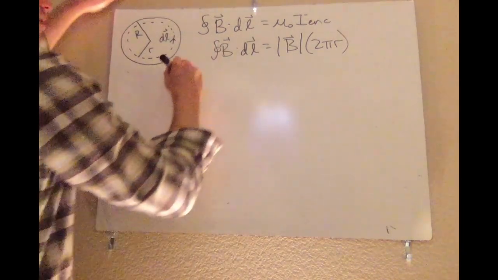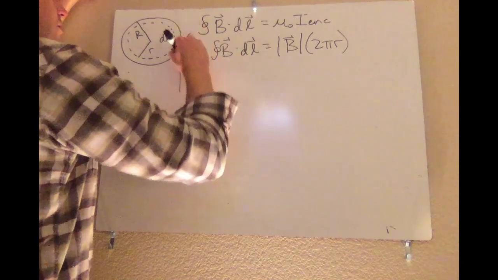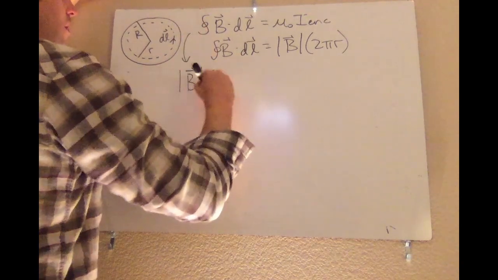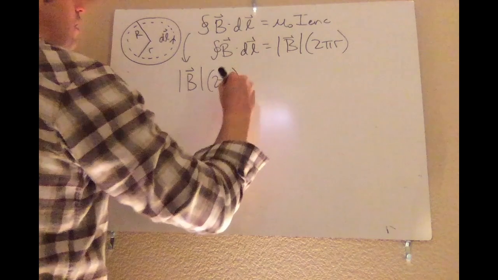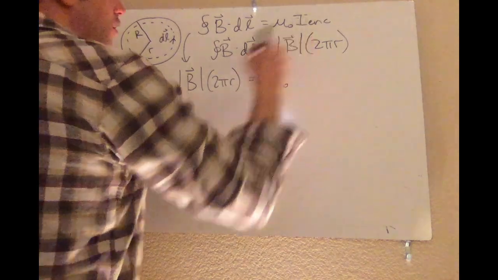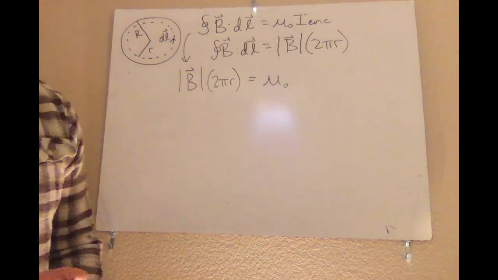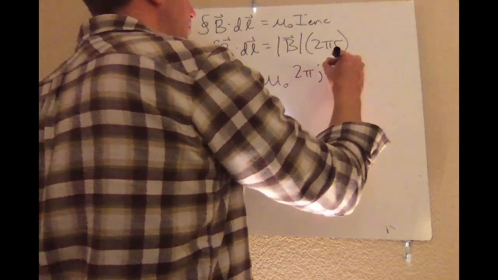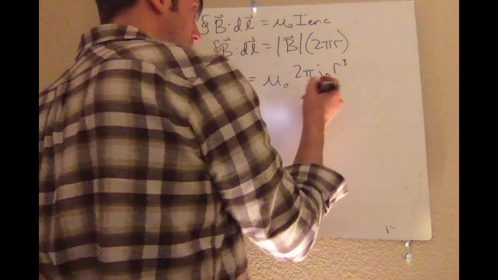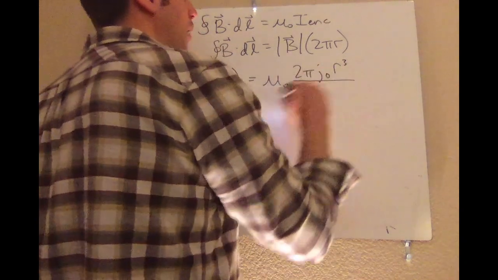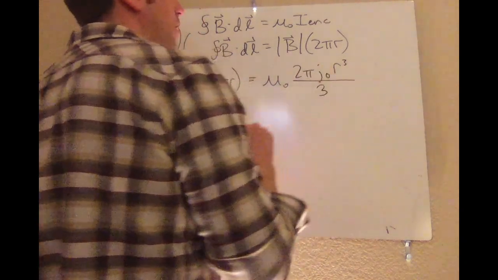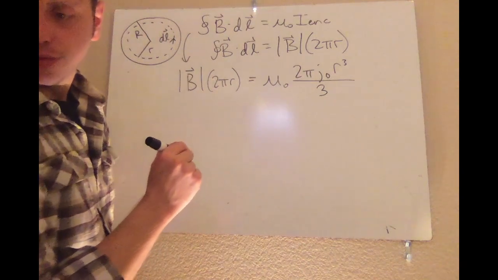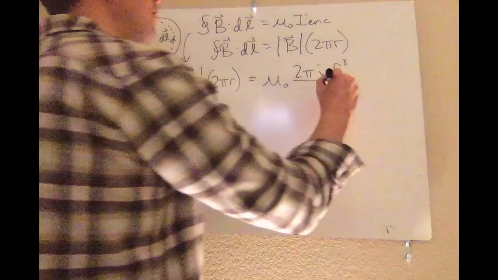So B dot dl is magnitude B times 2 pi r. And I enclosed over here, we just came up with that expression, which was 2 pi J naught, little r to the third power divided by 3, times big R. Okay, there it is.